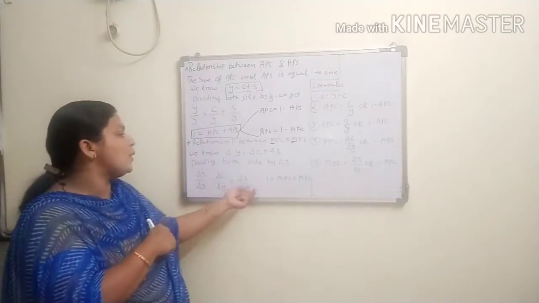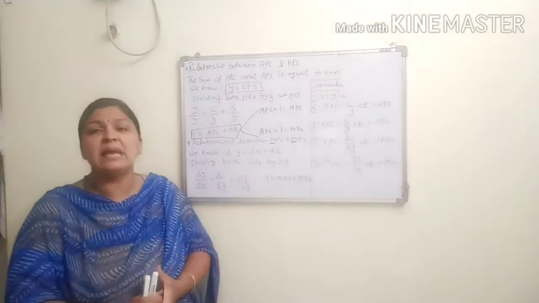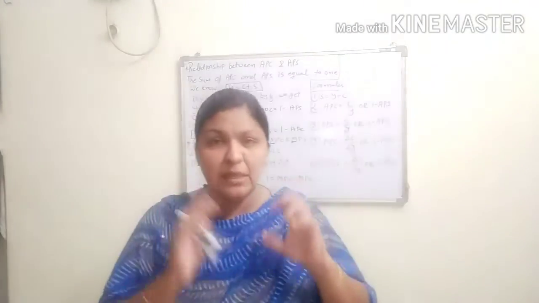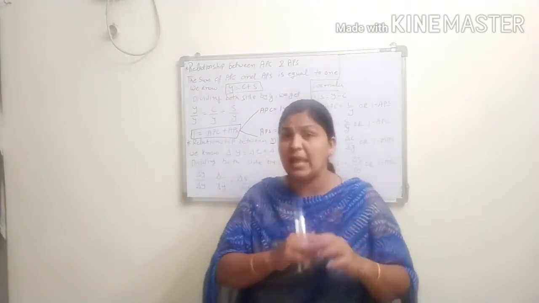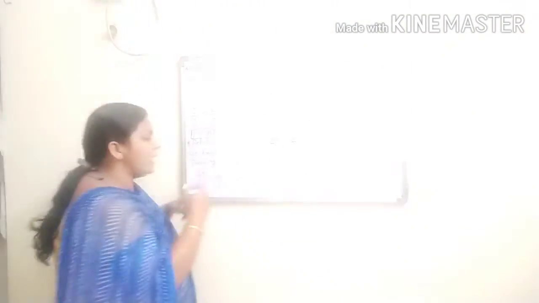So it is proven that 1 equals MPC plus MPS. The sum of MPC and MPS equals 1 only. Clear? Now again we derive two formulas from this.